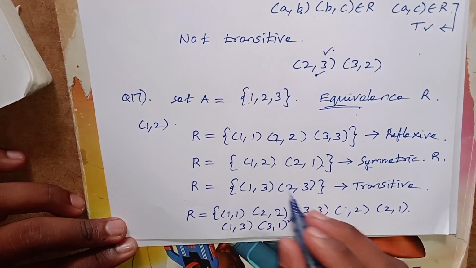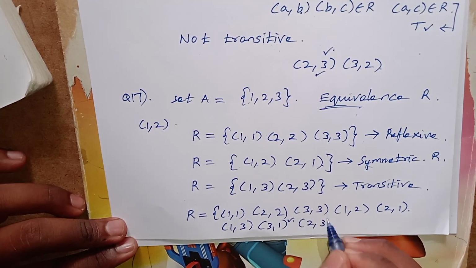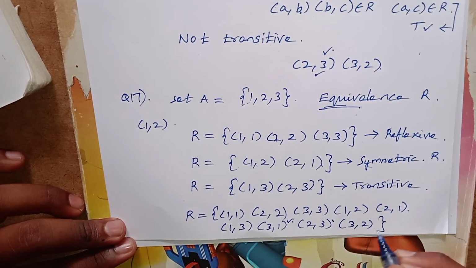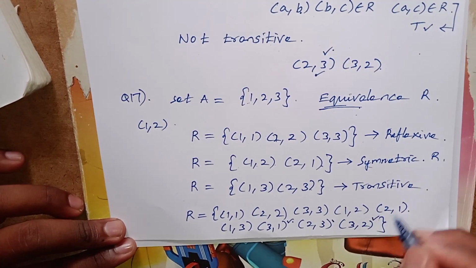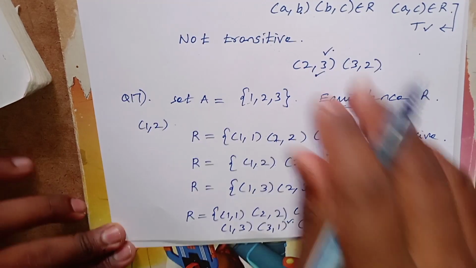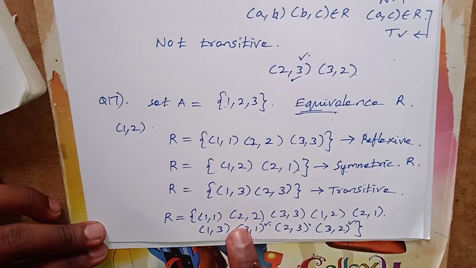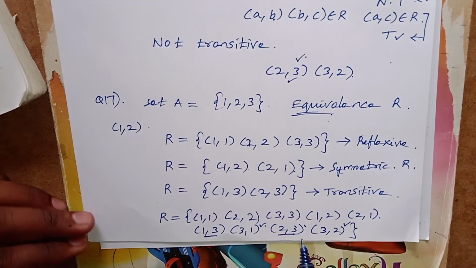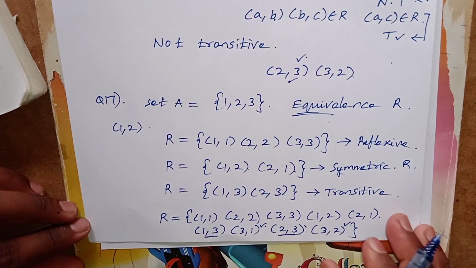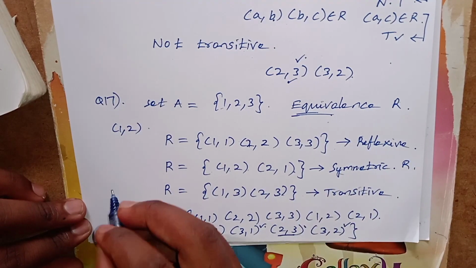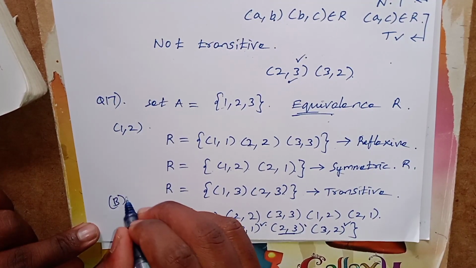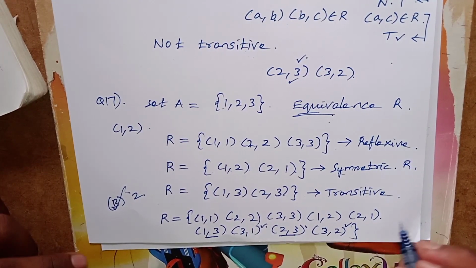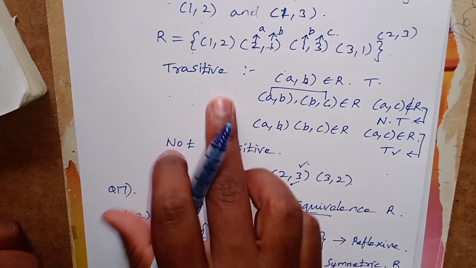Similarly, if we take (2, 3), then (3, 2) is automatically satisfied because it is symmetric. Therefore we need only two terms, (1, 3) and (2, 3), for an equivalence relation. The number of terms is 2. I hope you all understood questions 16 and 17.